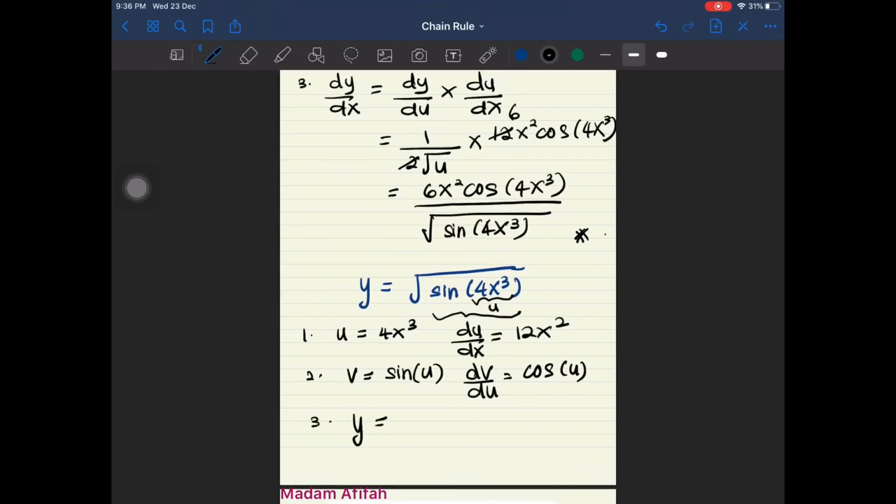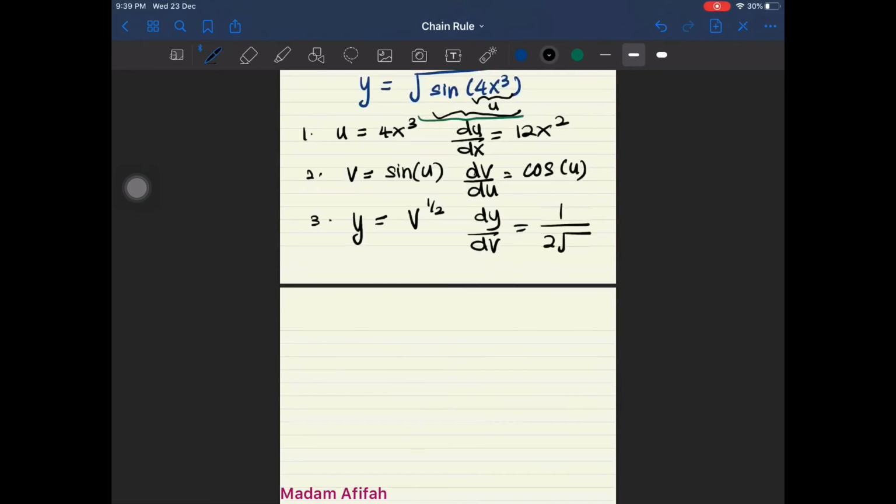For the last one, you will have y is equal to v power half. I just change the way I write the square root here, then here I have power half. So differentiate dy/dv will give you 1 over 2 square root v.